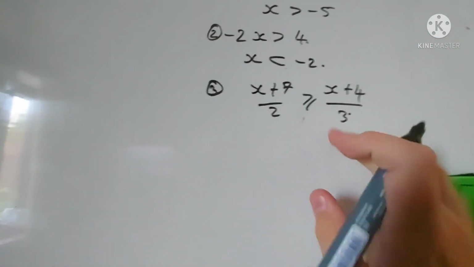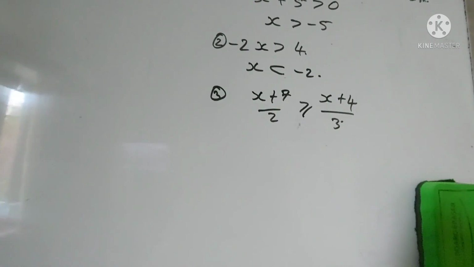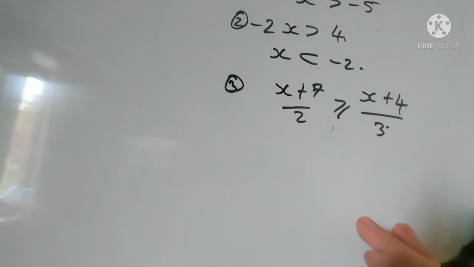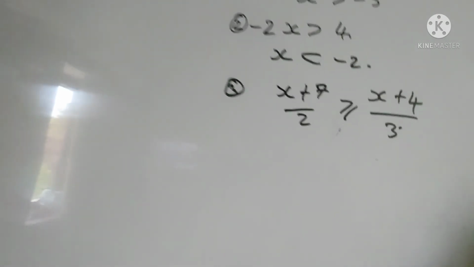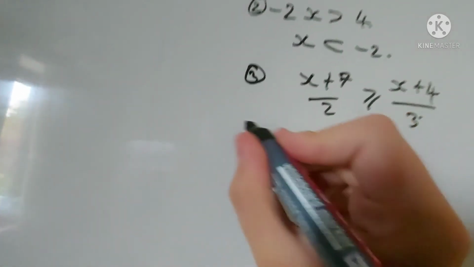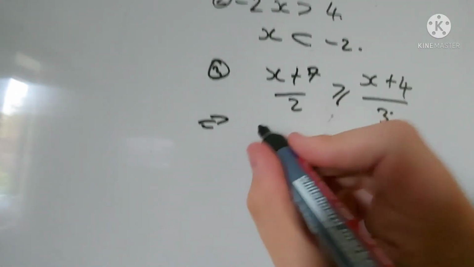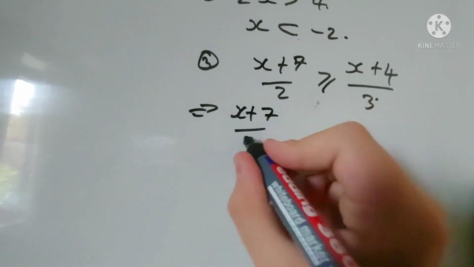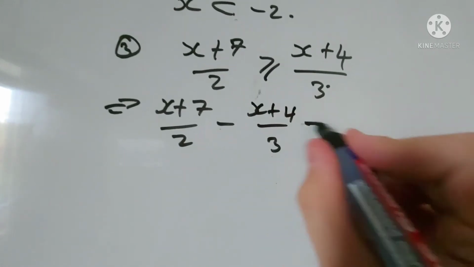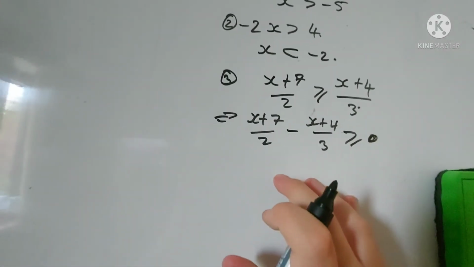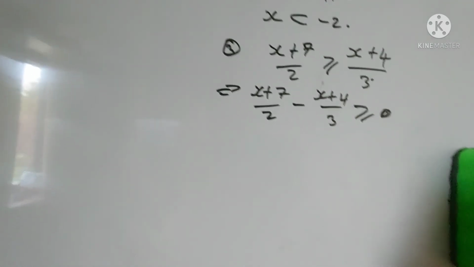Now, it's not difficult in any way, because there's two ways you can do it. I would take that away from both sides, the x plus 4 over 3, so I've got x plus 7 over 2 minus that full fraction is greater than or equal to 0, and then I've got some algebraic fractions to get on common denominators.